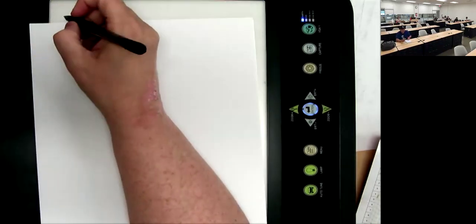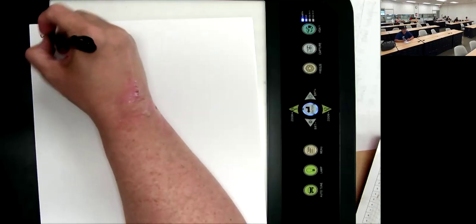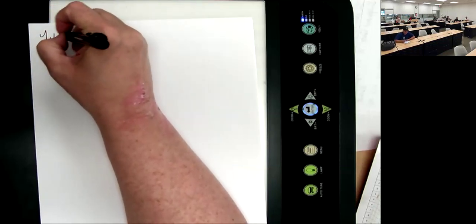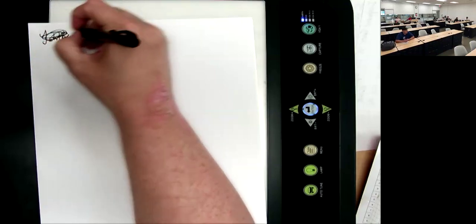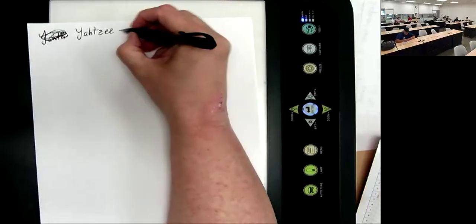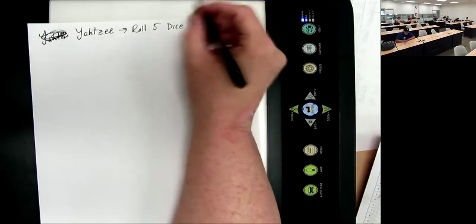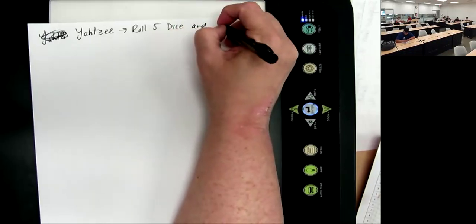So, Yahtzee. My wife makes me play this with her cousin whenever they come over. Yahtzee is, let me spell it right, a game where you roll 5 dice and shoot for specific outcomes.